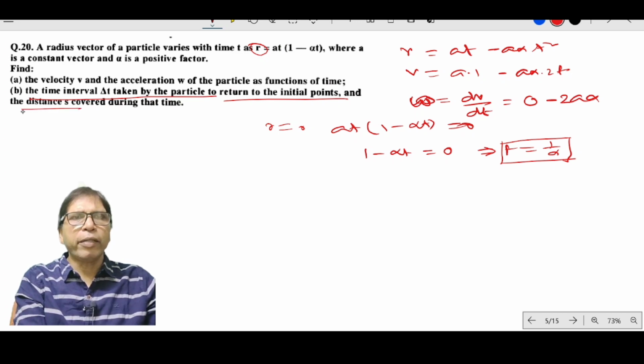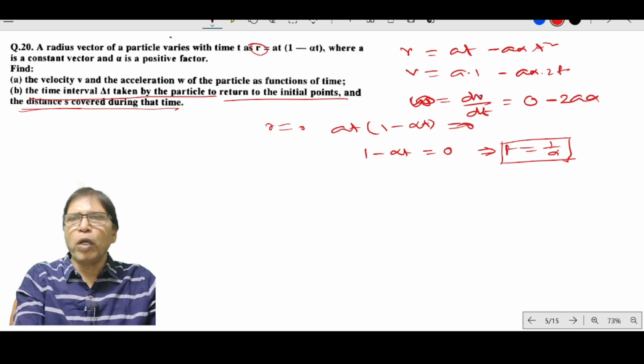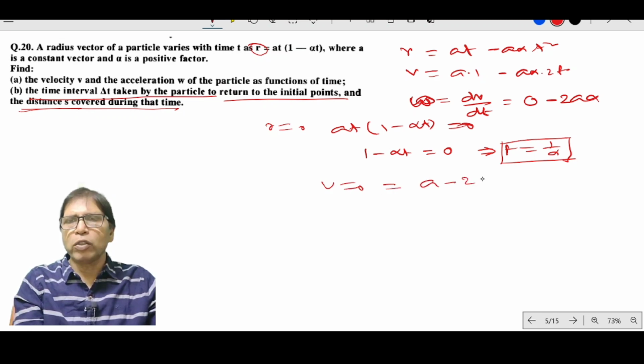Find the distance covered during that time. First of all, we have to calculate the time at which velocity becomes 0. If we put v equal to 0, then a minus 2a alpha t equals 0. So 2a alpha t equals a.